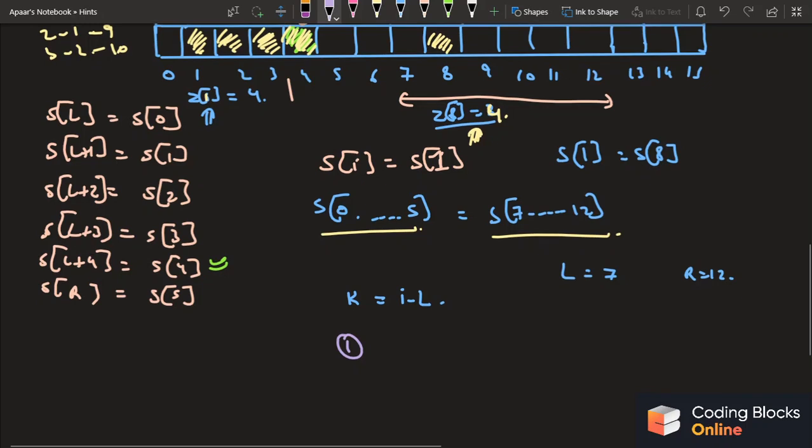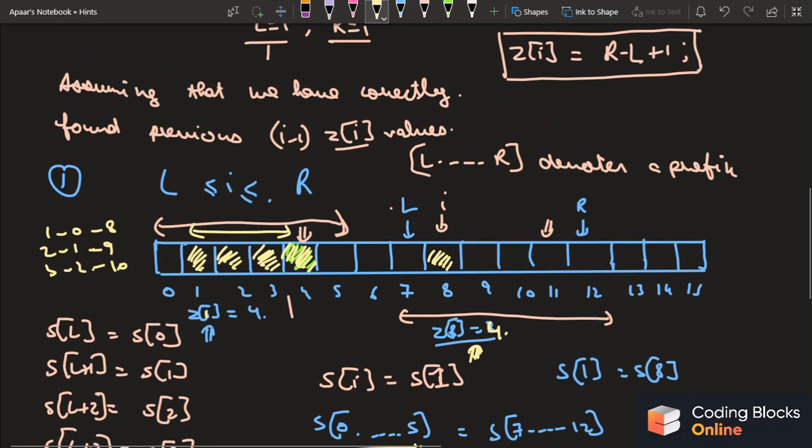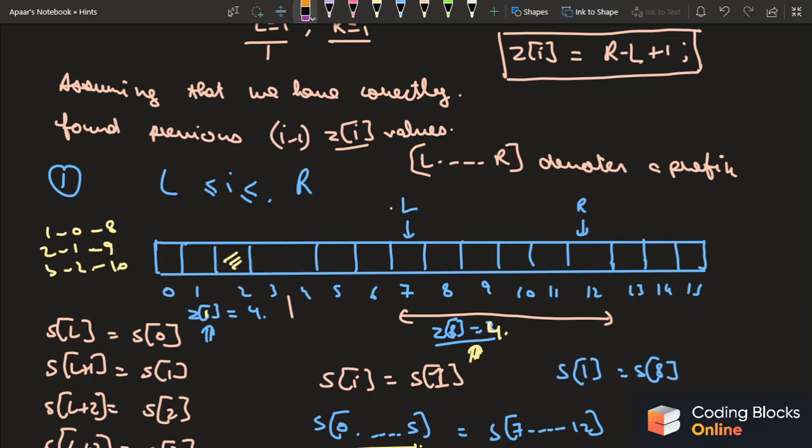That if Z of k is less than this gap, let me erase everything now. So if Zk, that is starting from here, is less than R, meaning it does not increase R, because guys, this Z1 can also go till like 10, right?